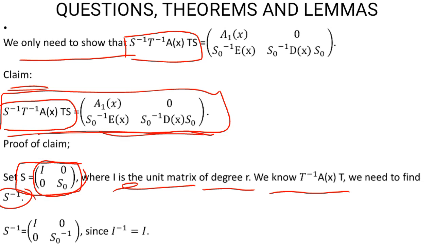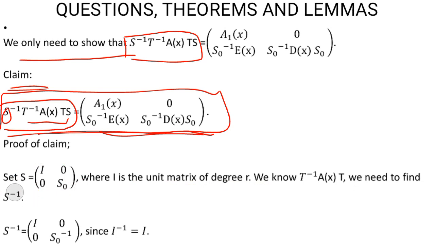We know what S is, and we know T inverse AXT, so we just need S inverse. By the standard rule of matrices, once you're given these values, S inverse will become I with the entries 0, 0 and 0 not inverted here. Why? Because the entries are matrices, and also I inverse is the same as I. So note that.